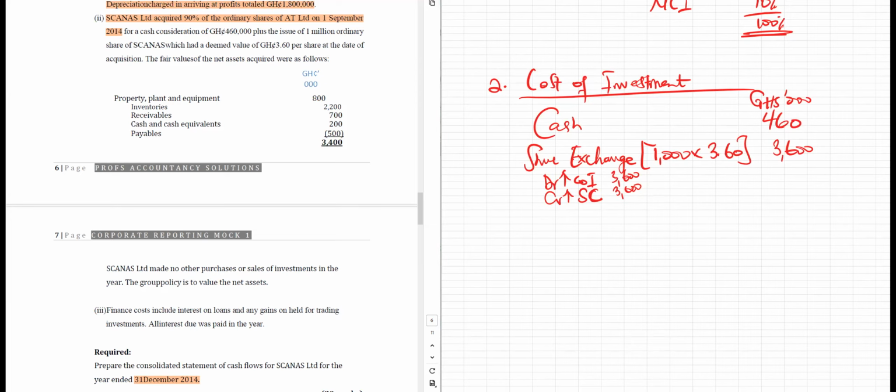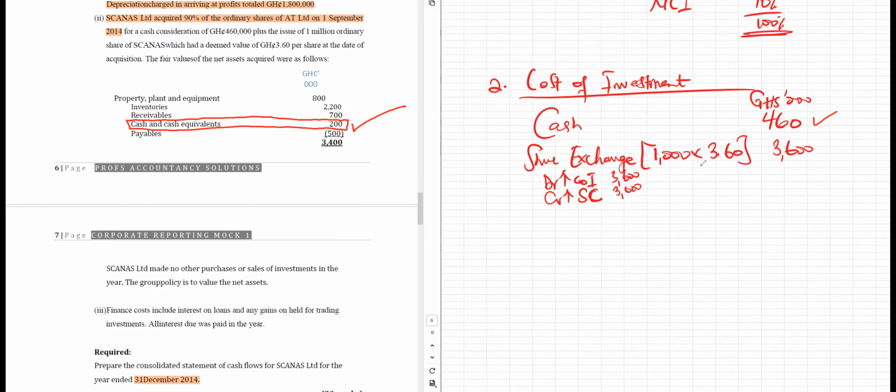But did you actually buy the subsidiary at 460 or at 260? 260. You bought the subsidiary for 460, but it actually carried cash in its net assets. So that cash is like I paid 460, but I got 200 in return. So you must net it off. We call it net investment in the subsidiary.